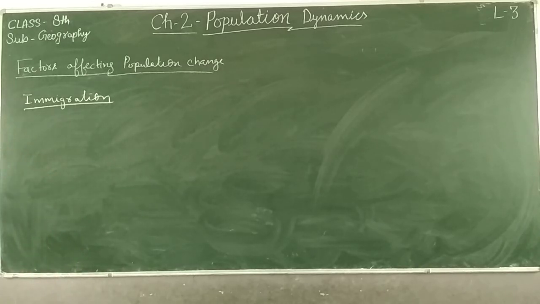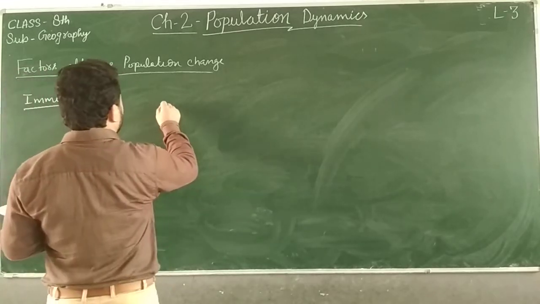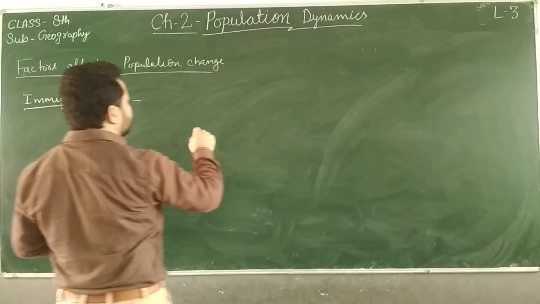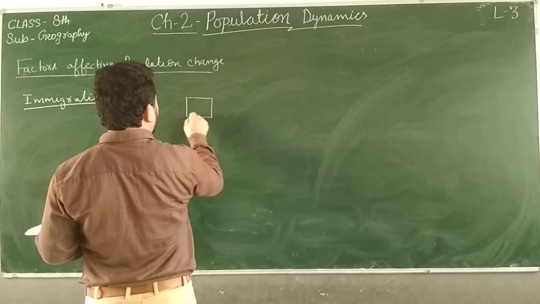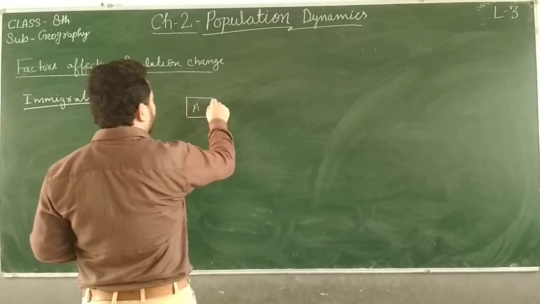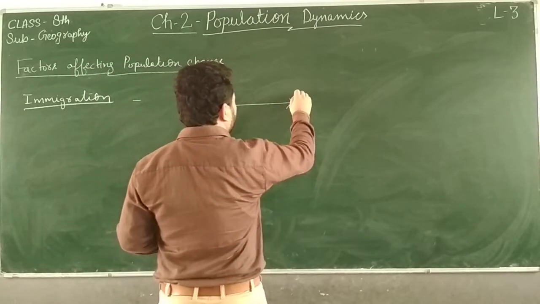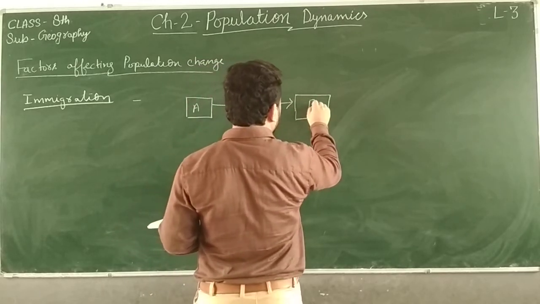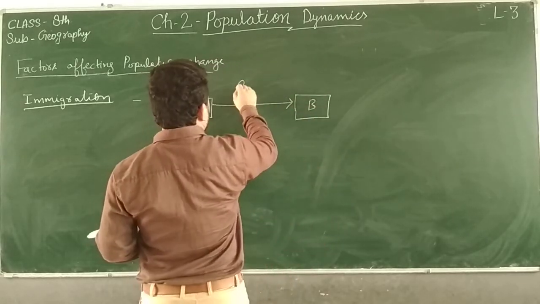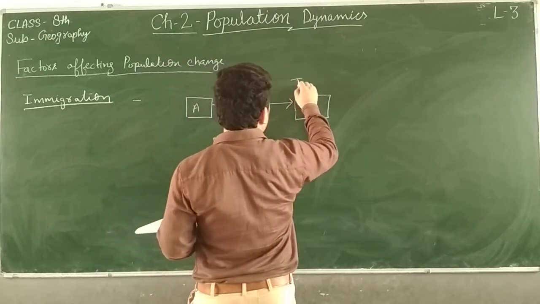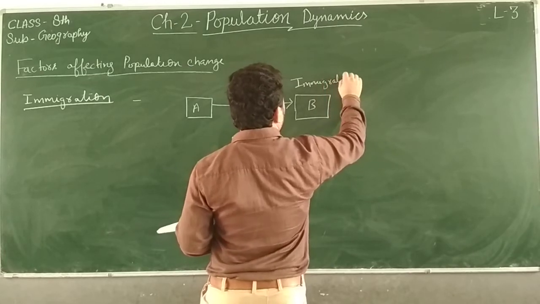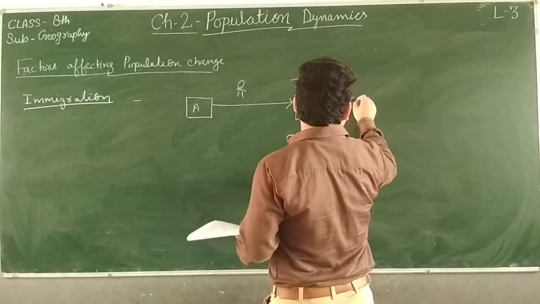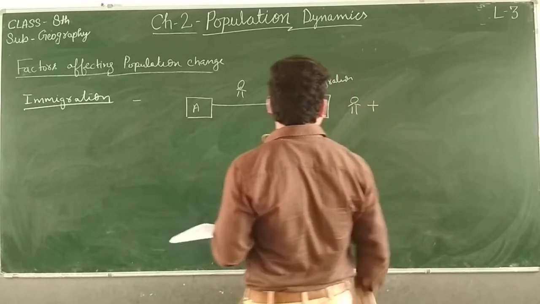Immigration is the process in which a person enters a country to live permanently. Suppose this is country A, and from here a person is going to country B to live there permanently. So what is taking place at B? Immigration, and the population is increasing there.